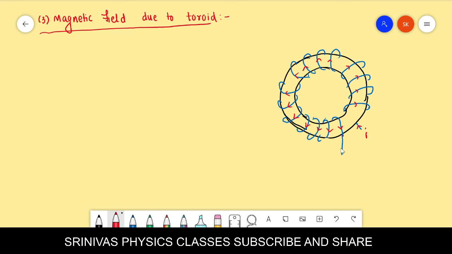Now I current is entering and I current is leaving. And we want to derive the magnetic field on its axis. Its inner radius we can consider as R1, outer radius we can consider as R2, okay, R1 and R2. Let us see how the field lines will be there.